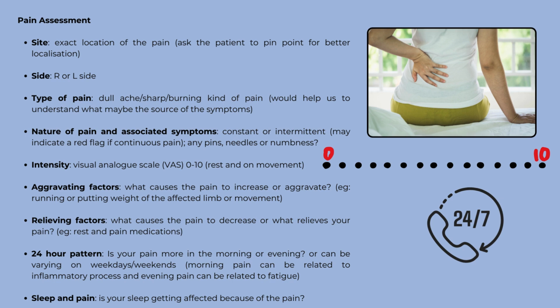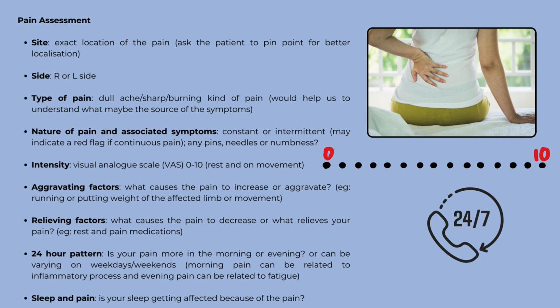So a quick thing and a good idea is to draw the scale as you have the paper and pen with you. And again, you can use a body chart as well. So when we were talking about the site and the side, you can draw a quick stick diagram kind of picture, or a quick representation of the human body, and just ask, okay, this is the site of pain.